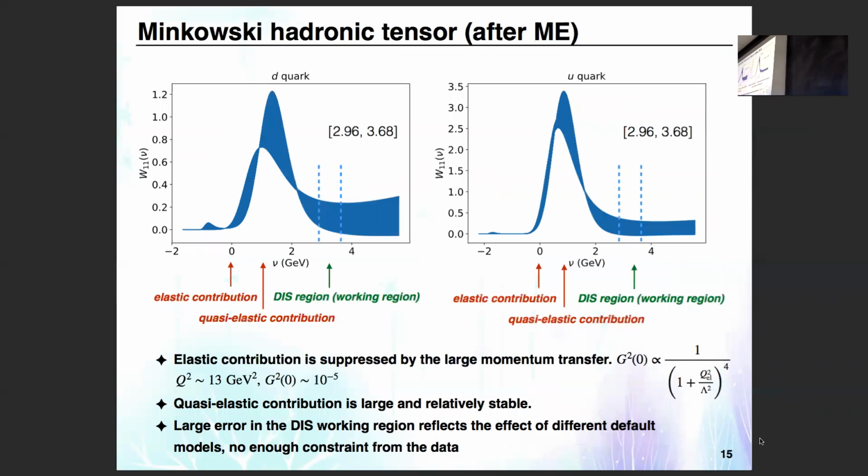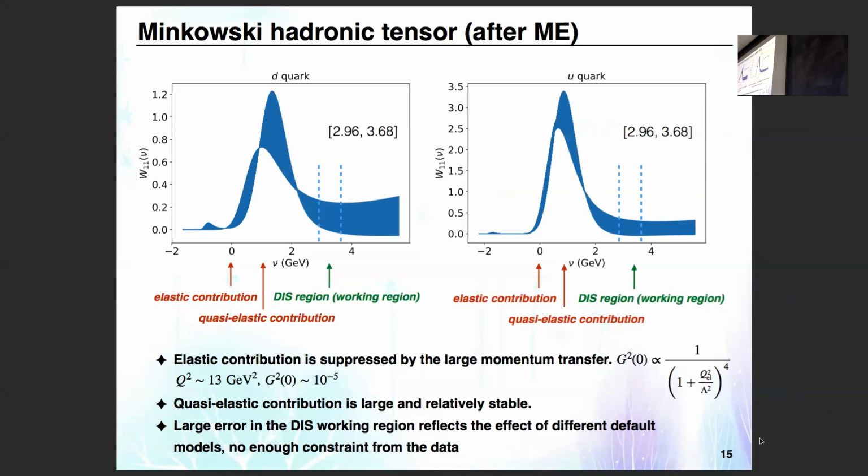This is for the down quark, this is for the up quark, this is for the no-limiting method. We are expecting the elastic contribution to be at around 0 because, as I said, the energy of the lowest state is the same as the external proton. But we cannot see any structure around 0, which is because the momentum transfer here is very large, so the form factors here are quite heavy.